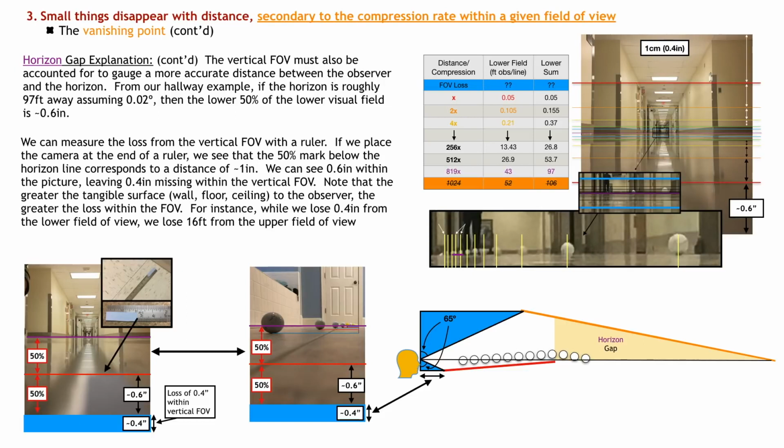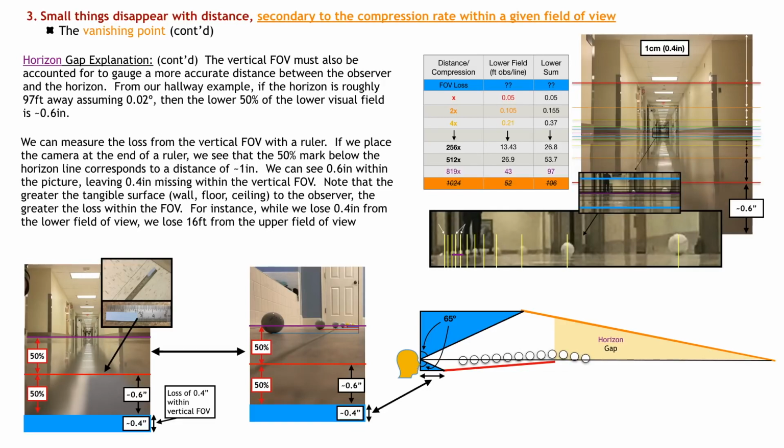So again, your camera has a fixed vertical field of view. And so if I am close to the floor, I am losing less of the floor because I'm closer to it. But if I were to calculate the amount of missing information from the upper field of view, it's much greater because the angle is held constant, but the distance to the ceiling is greater.